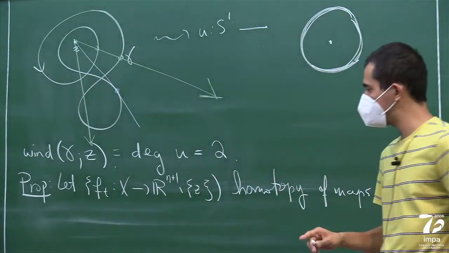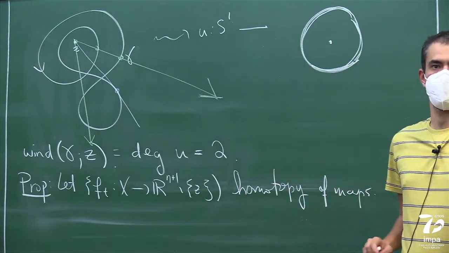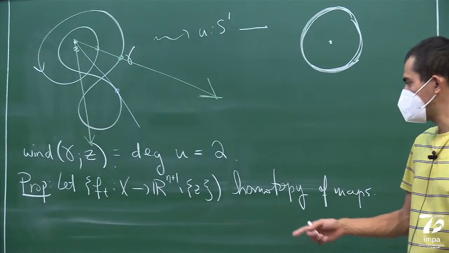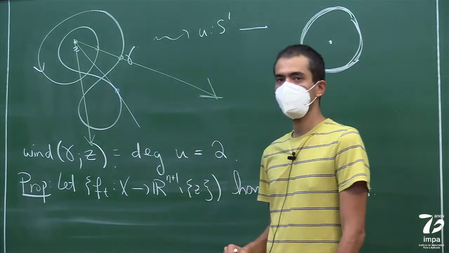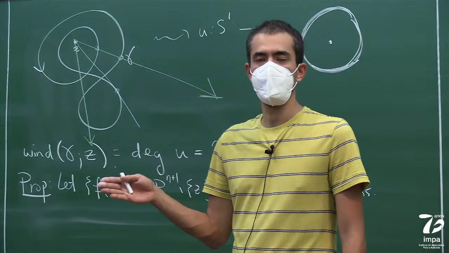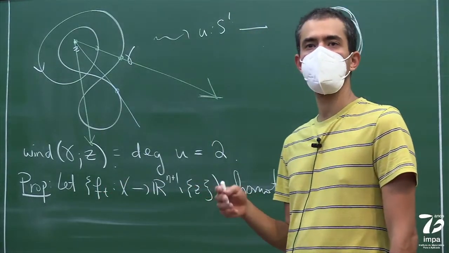These are maps that all miss Z. So these are maps whose image doesn't intersect Z, and the whole homotopy doesn't go through Z.